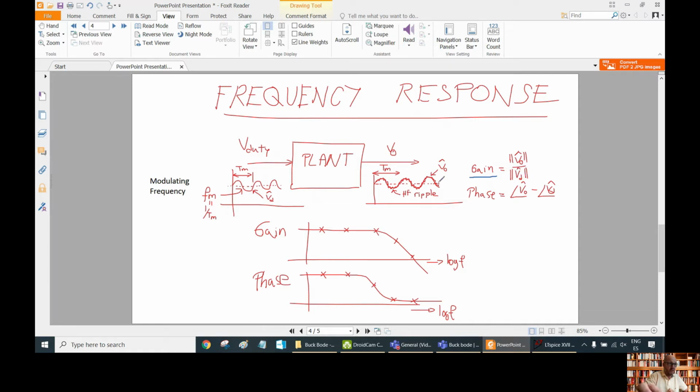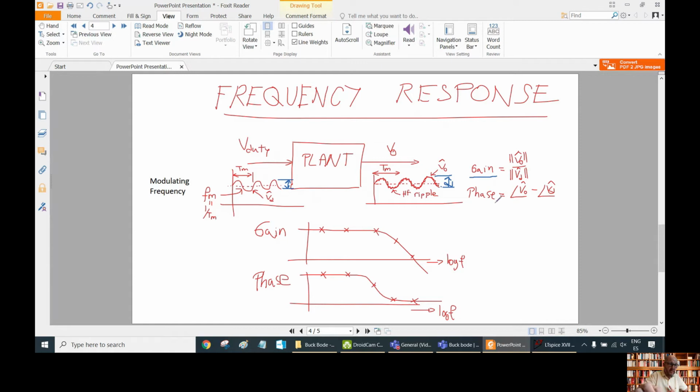The peak-to-peak amplitude at the output will be this magnitude here, and the peak-to-peak value at the input gives this other magnitude, and by dividing them we obtain the gain. Then the gain in decibels is 20 times the logarithm of this magnitude.